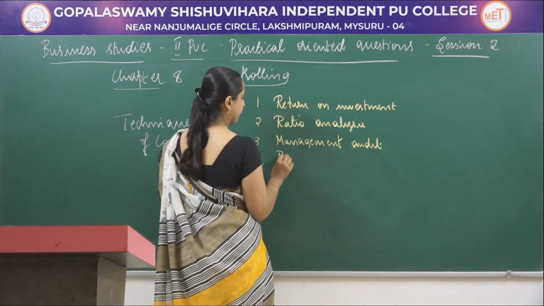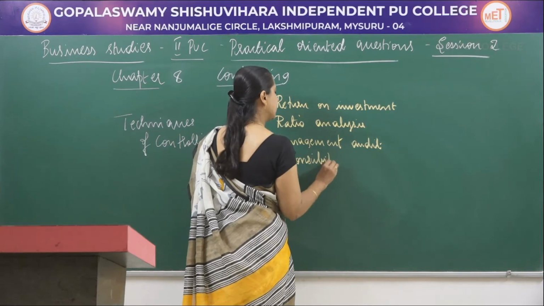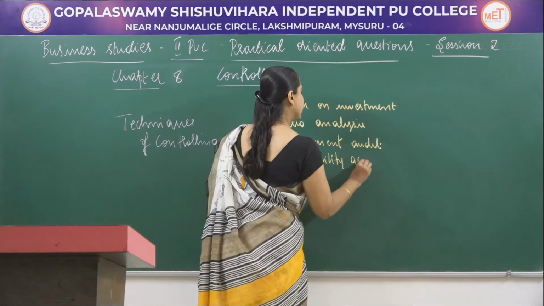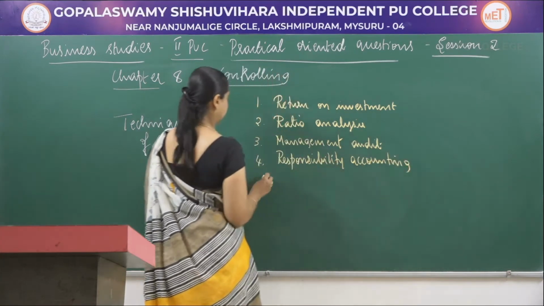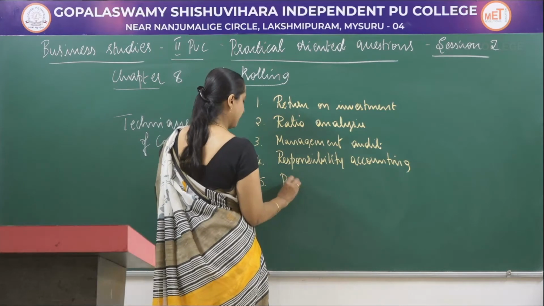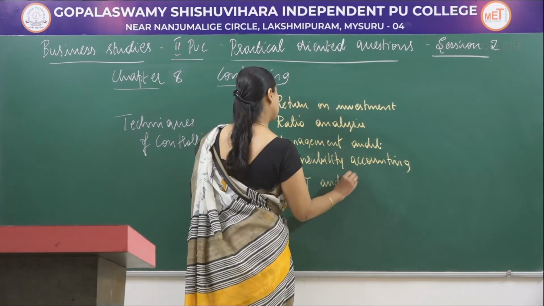Fourth one is responsibility accounting. Fifth one is PERT and CPM.